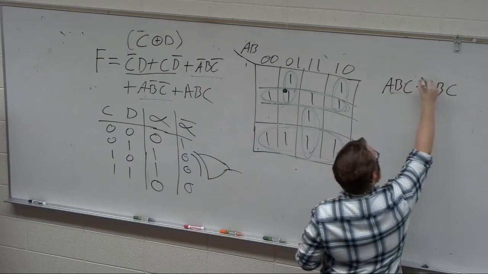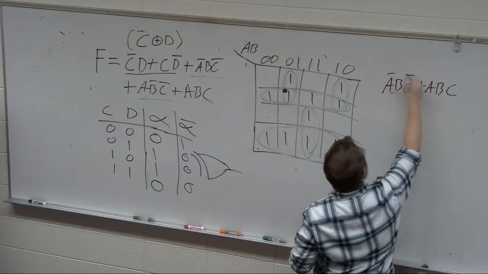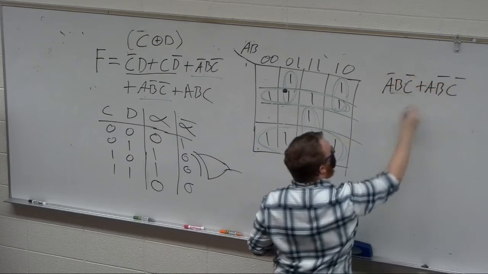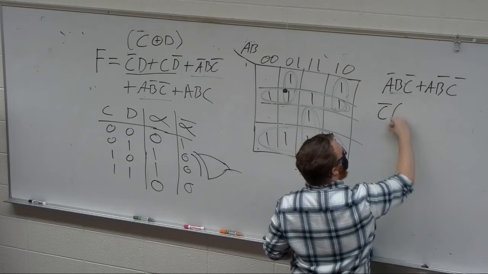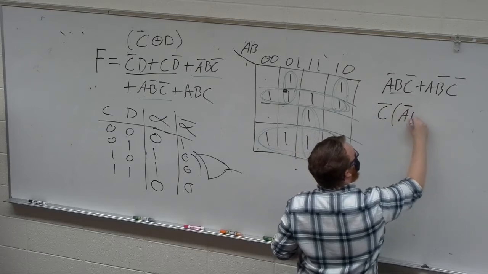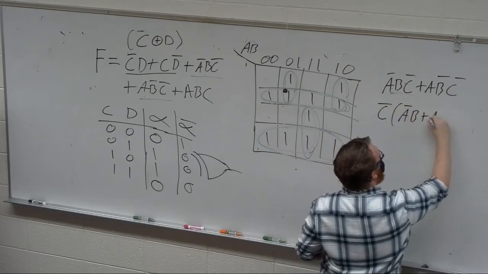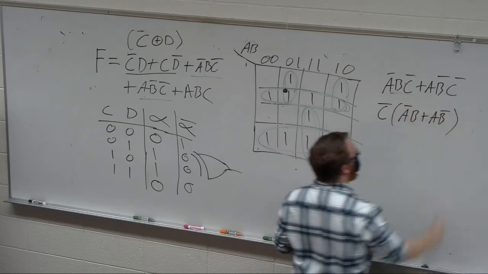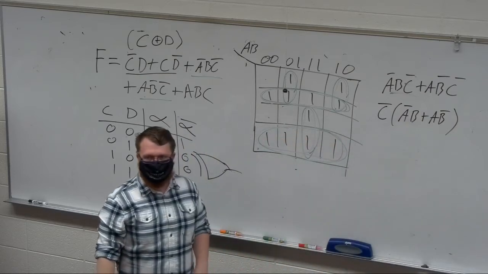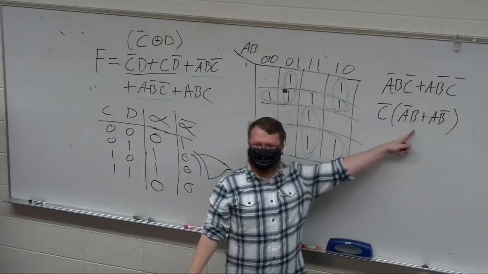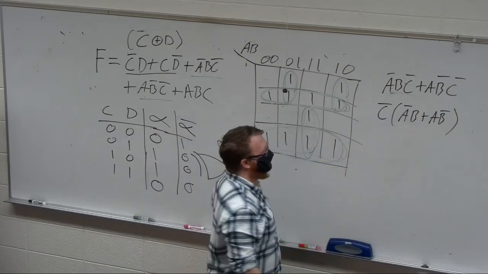And you're claiming not A, not C, B, C. So you can factor out the C and then A not B, or A B not, right? Now what do we see in here? Another XOR.